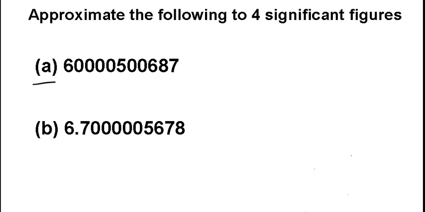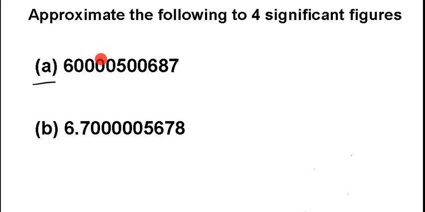Here, the first number 6 is significant. The second number 0 also is significant. The third number 0 also is significant. The number 0 also is significant. And why are they significant?